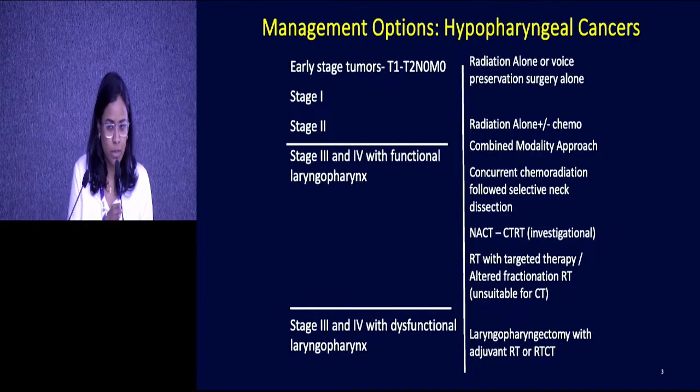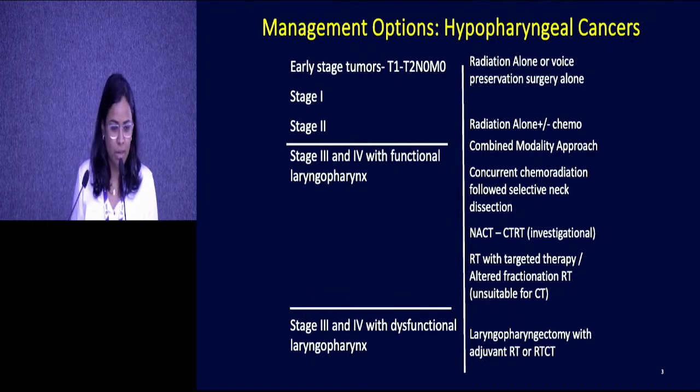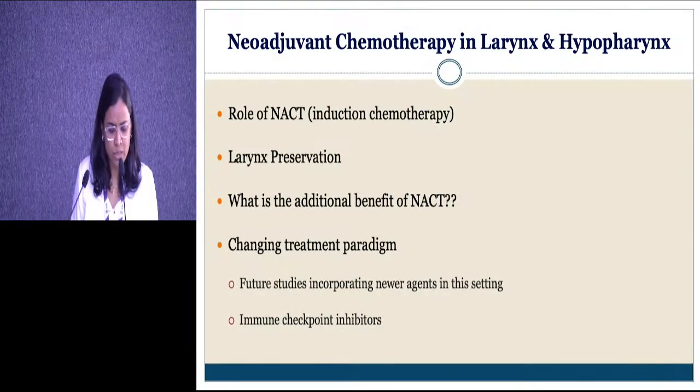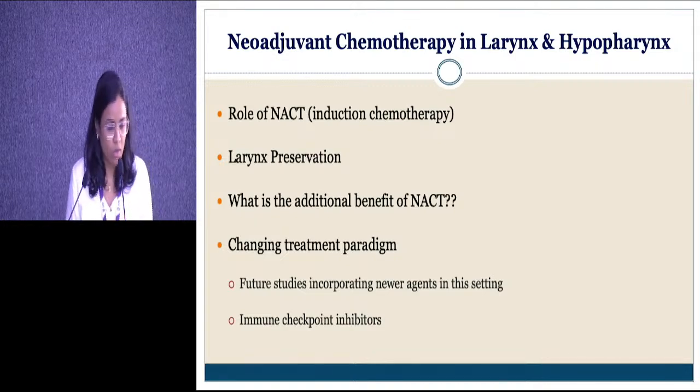Is it going to be one versus the other, or are we coming to a new treatment paradigm with, of course, the incorporation of new agents such as immune checkpoint inhibitors in these settings? We know that the role of NACT in head and neck cancers has different value in different subsites. The most widely accepted indication for NACT worldwide is organ preservation, especially in the case of larynx.